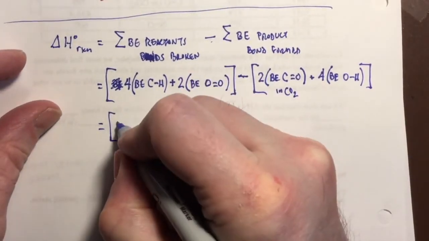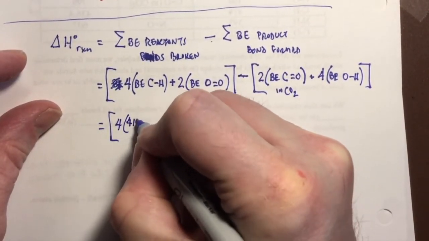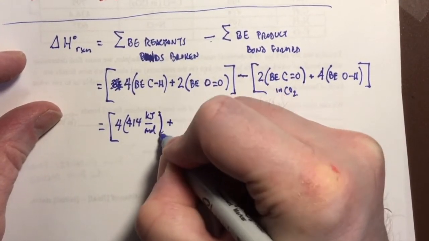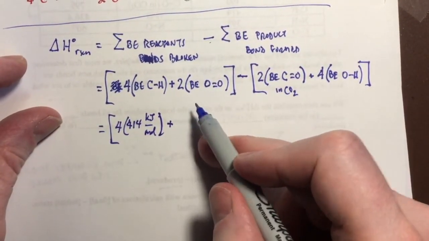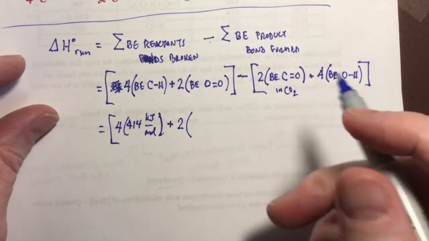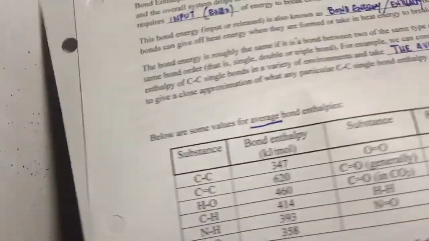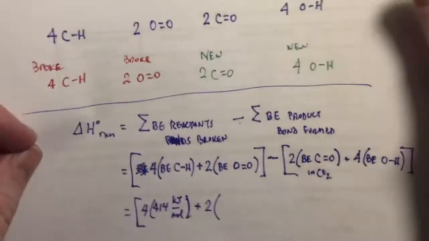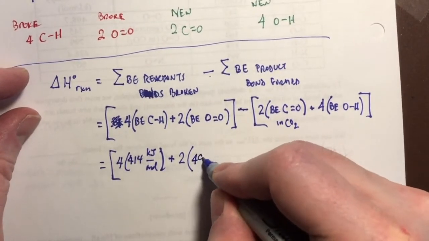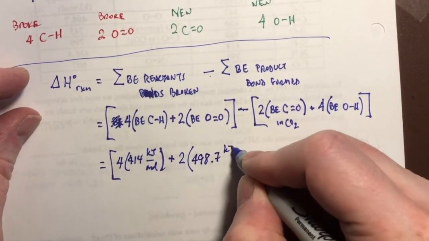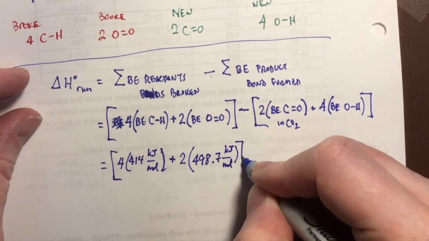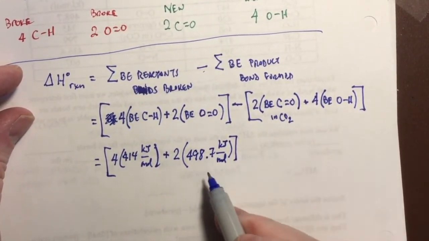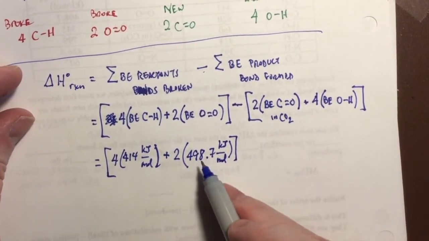So it's 4 times 414 kilojoules per mole, plus 2 times the bond enthalpy for the oxygen-oxygen double bond, 498.7 kilojoules per mole. That's all the reactant bonds that have been broken that we had to put heat into, right, to get these bonds to break.